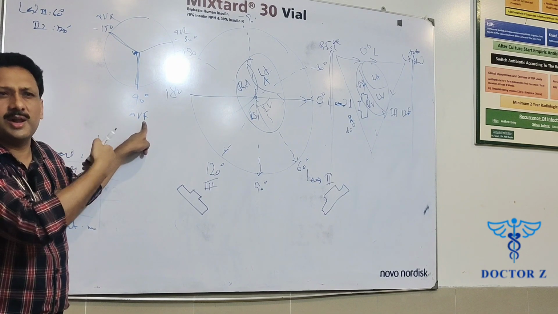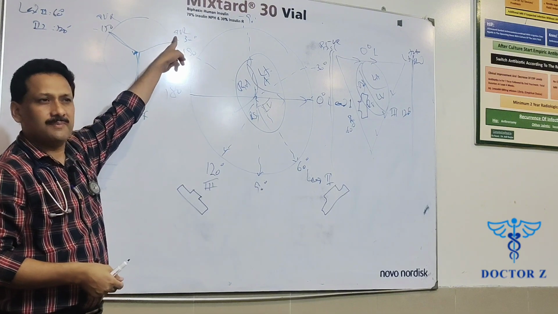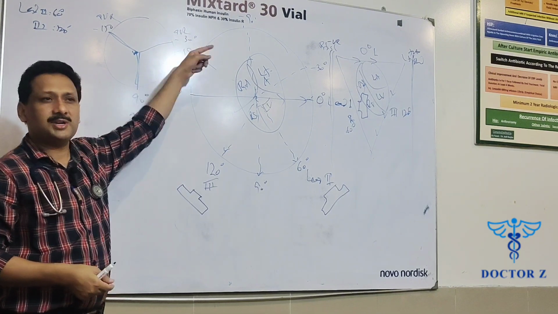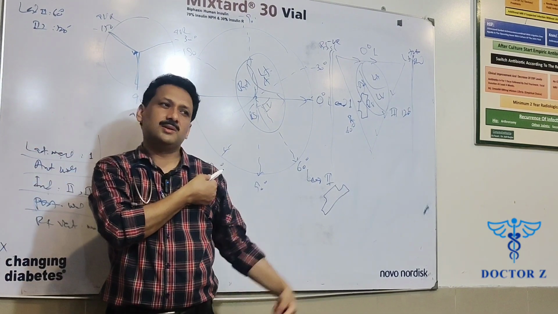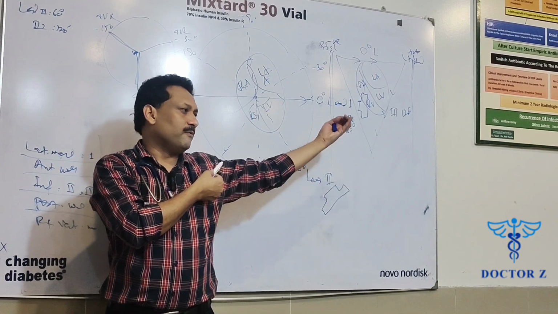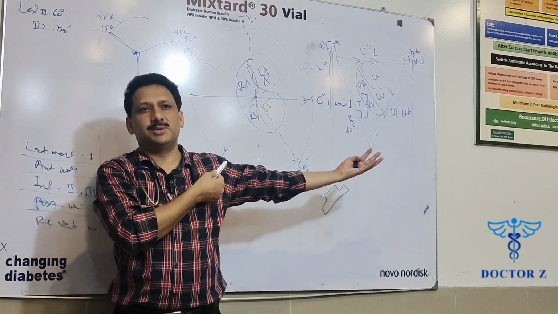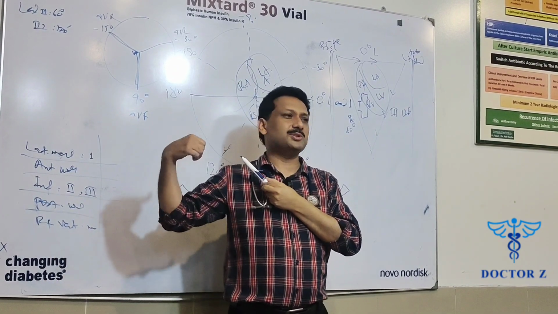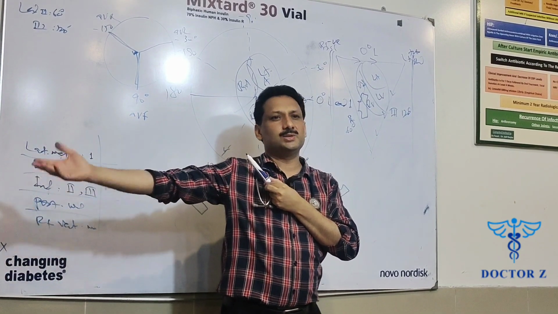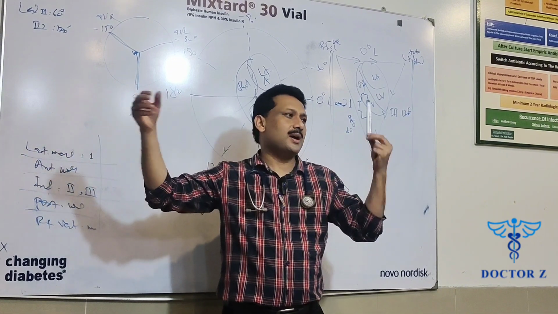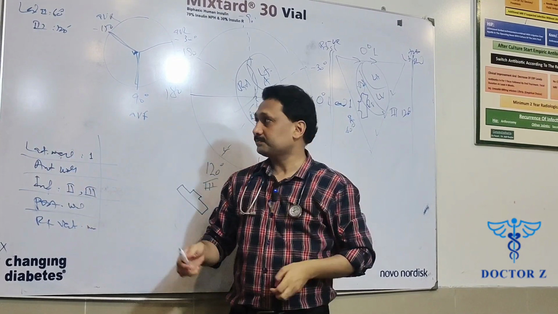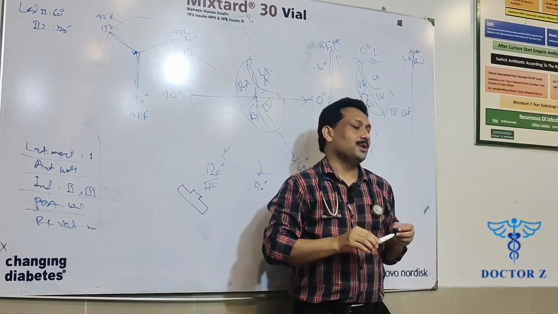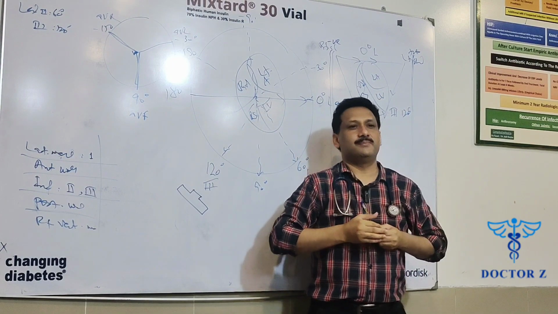A is for augmented, V is for voltage, and this is on the left side. So it is the augmented voltage lead on the left side. That's the purpose. And this one is augmented voltage on the right side. This is the unipolar augmented limb lead.